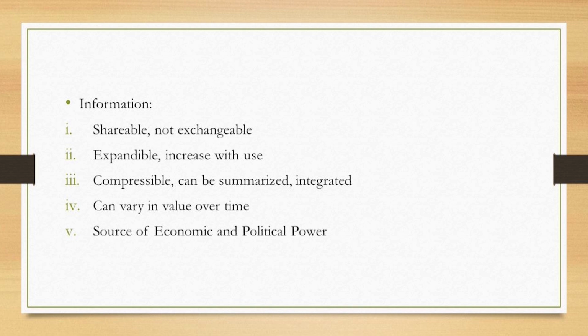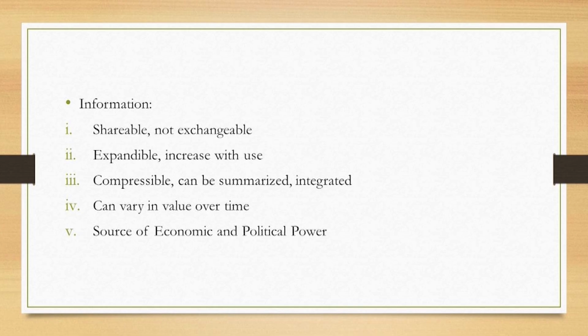That is, the more you give information to someone, the more you get information from someone, and information increases. It is like an elastic rubber band. The amount of information which you give will obviously be of added value to the person to whom you are giving it. Information can be compressed, it can be summarized, it can be integrated.